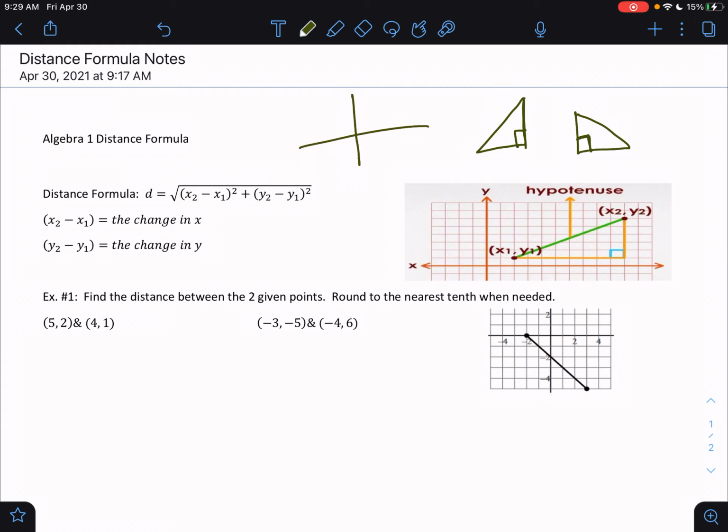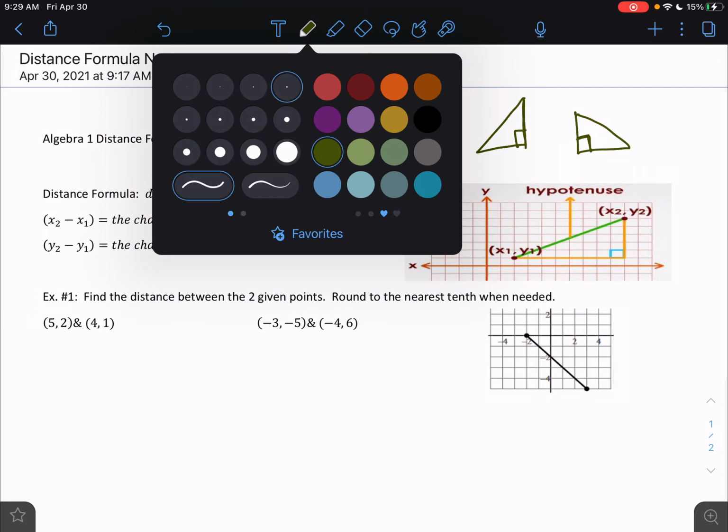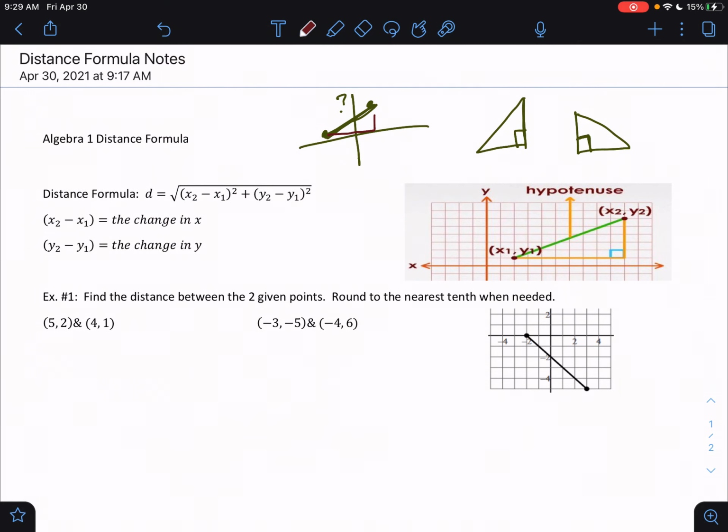So we have a graph here. There's a point here and there's a point over here. And we want to know what the distance is between these. You can take any 2 points and then add 2 more lines to it and make it a right triangle. And then use the Pythagorean theorem to find that missing side.